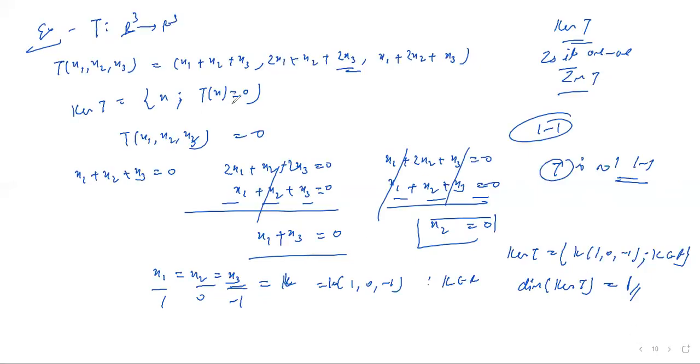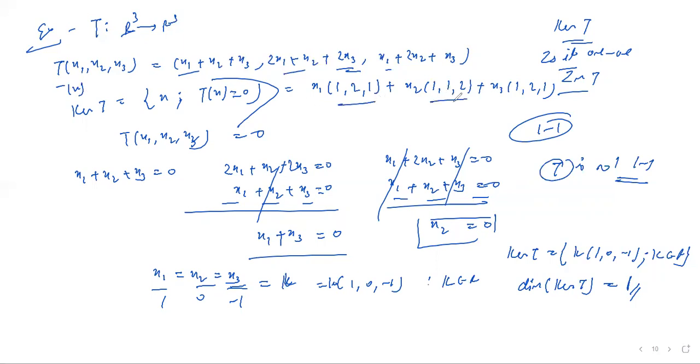For finding the image of T, let's see it here only. I have T of x equals this. Now I can write it as x1 times (1, 2, 1) in the form of vectors, plus x2 times (1, 1, 2), and similarly for x3, which is (1, 2, 1). So from this, I got that the corresponding Tx is a linear combination of the vectors (1, 2, 1) and (1, 1, 2).